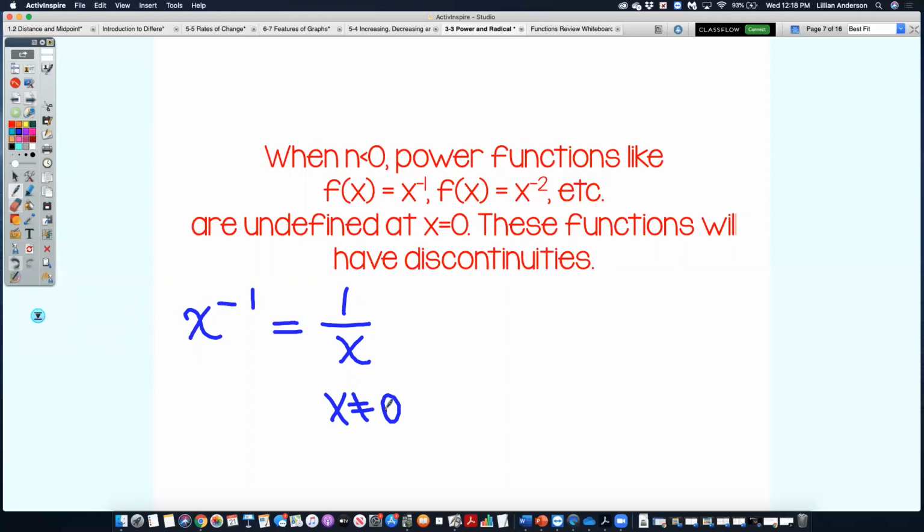So at x equals 0, it makes the function undefined. That's why we'll have discontinuities. What type of discontinuity will we have? Is it a hole? Is it an asymptote? Or is it a jump? Asymptote. It's going to be an asymptote, okay?